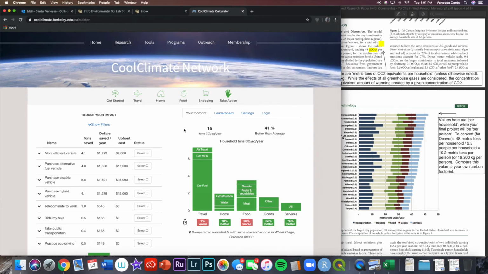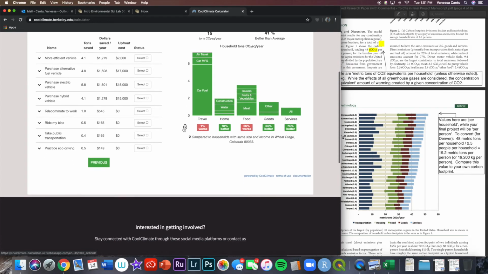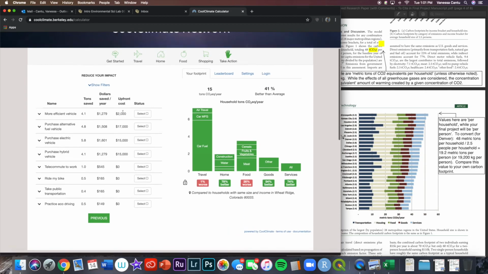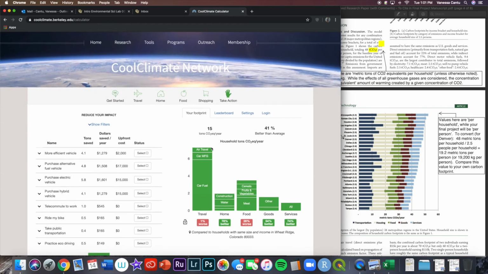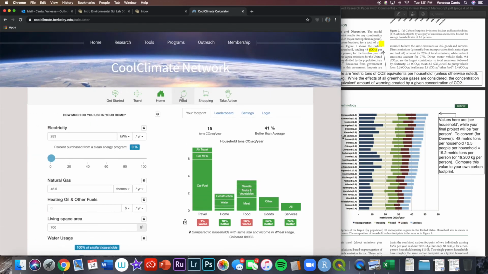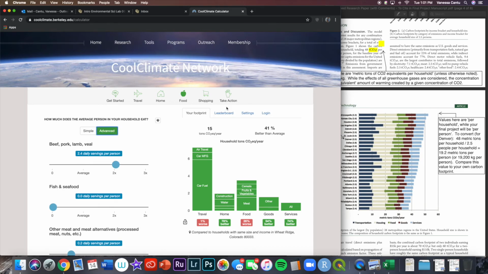Cool. All right, so let me look through my notes and make sure I'm not missing anything. So again, make sure you use advanced on all of your food and stuff. Make sure that's all advanced.